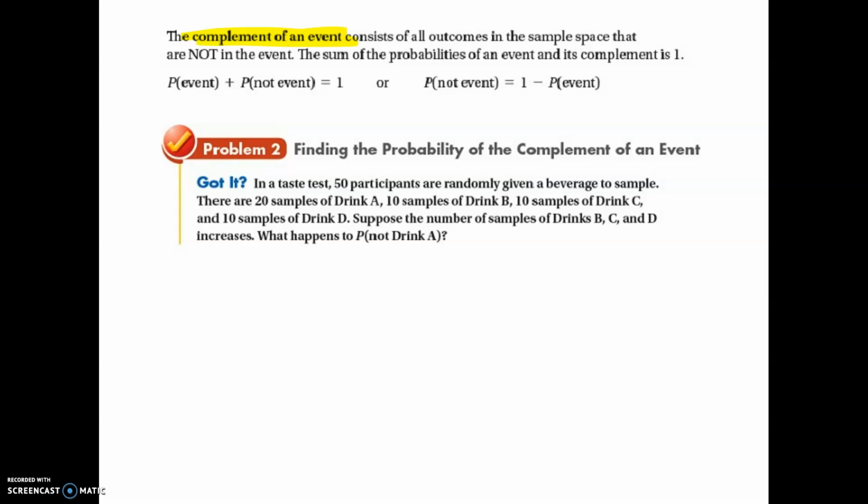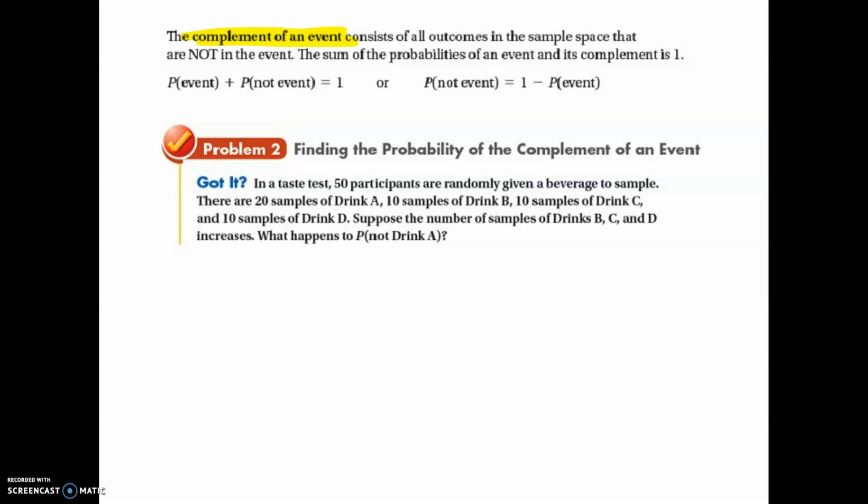So what happens to the probability that they don't drink A? So we can see here that drink A has 20 samples versus the others, which have 10. So if they were to raise the other samples of the drinks, then obviously drink A is going to go down. So the probability that you would pick something that is not drink A would increase.